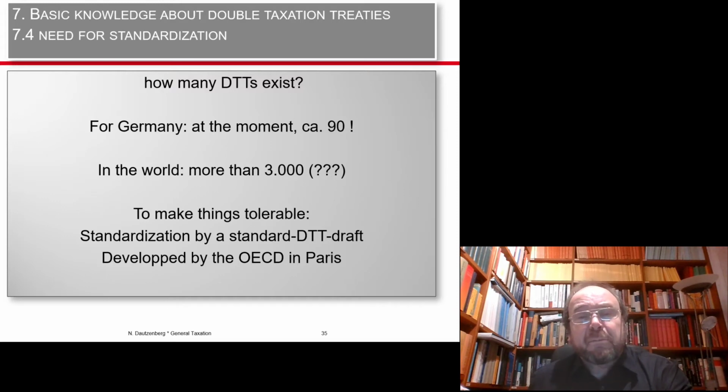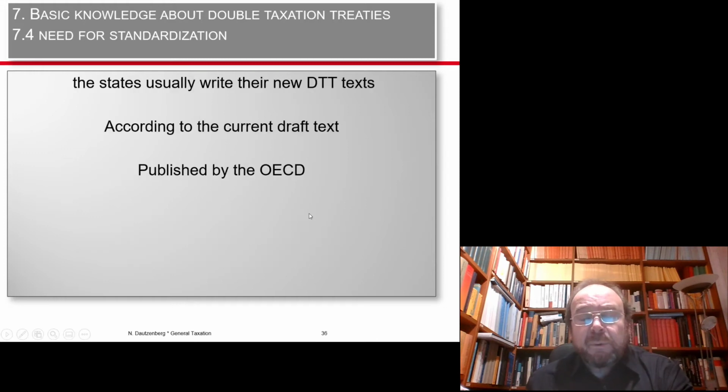So when they make their draft text proposal, they have made sure in advance that the expressions laid down in that draft could usually be used and accepted by most states of the earth. So nearly everyone negotiated a long time about every detail of that master draft text of the OECD.